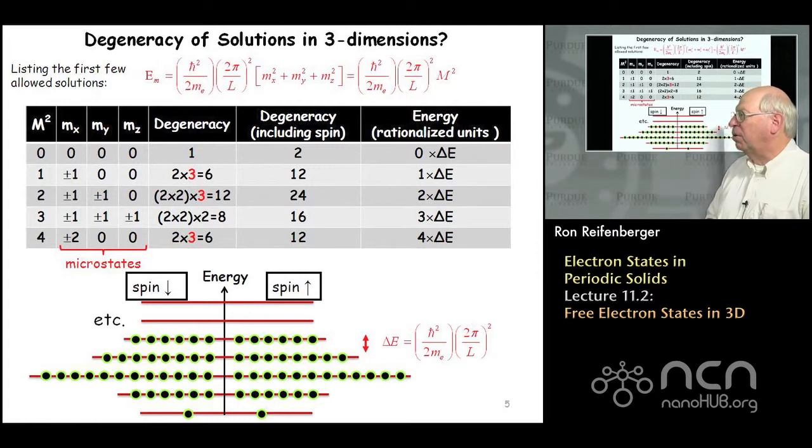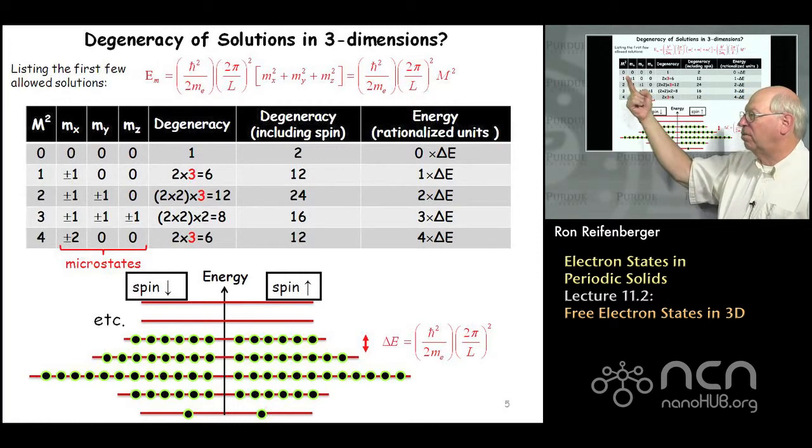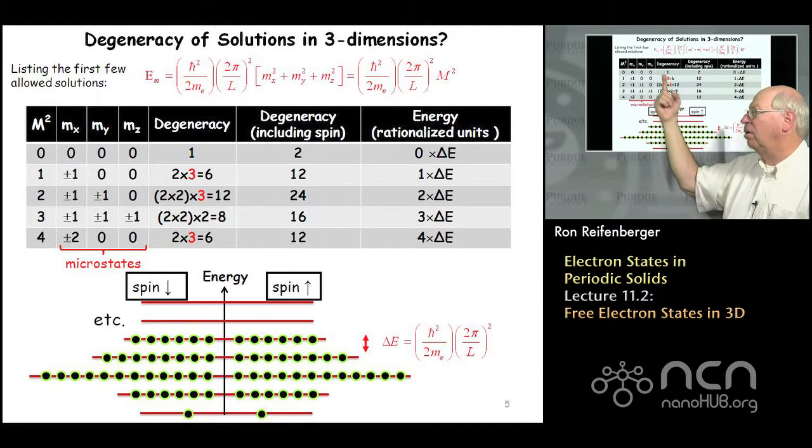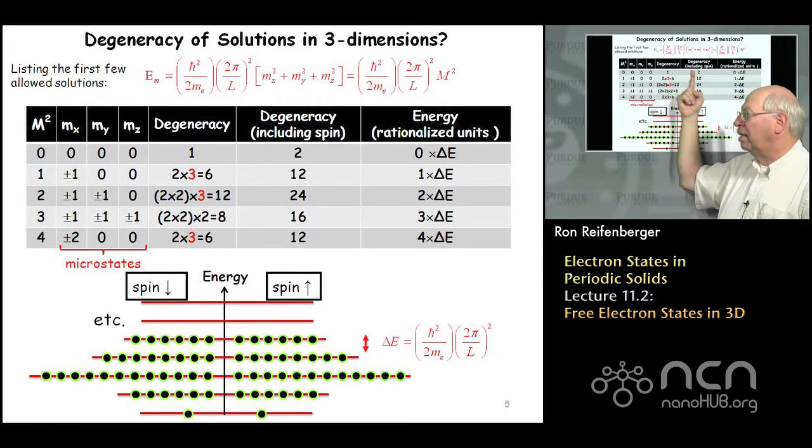It's pretty simple to start with capital M equal to 0. With capital M equal to 0, mx, my, and mz also have to be identically 0. So there's only one way that this particular state can be formed, and that one state is going to be twofold degenerate when we include spin. So this energy state occurs at 0, and it has a degeneracy of 2.